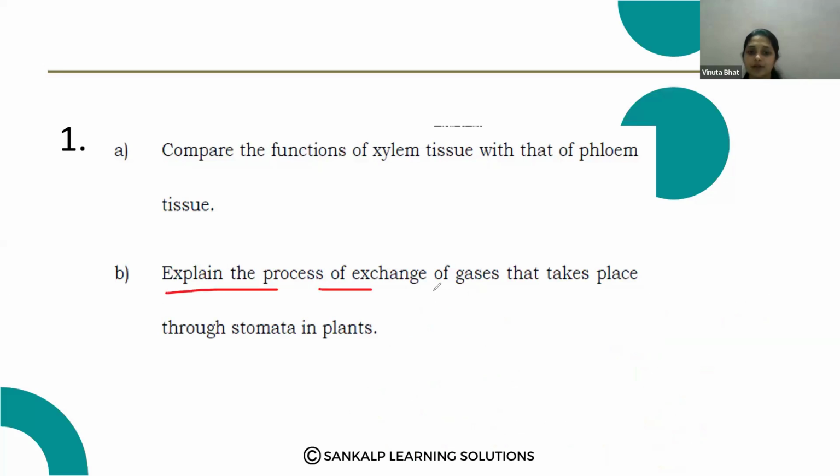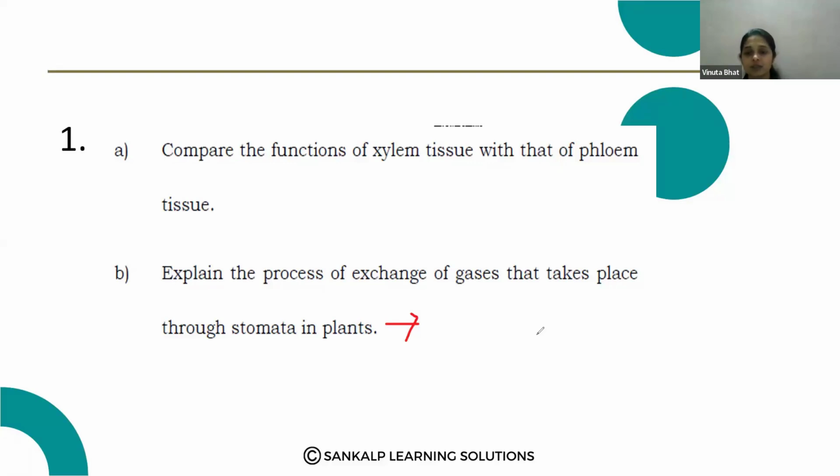Explain the process of exchange of gases that takes place through the stomata in plants. Here, exchange of gases takes place through the stomata. When the guard cells are open, this bean shape, the stomatal pore is open, and during the photosynthesis, carbon dioxide enters inside the plant's body and oxygen is removed.